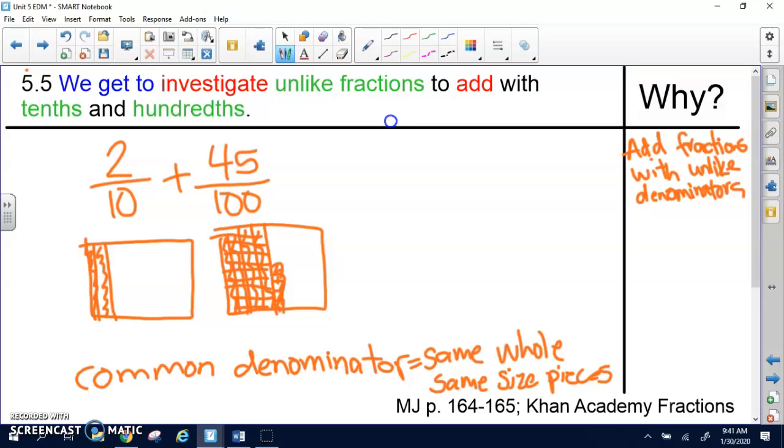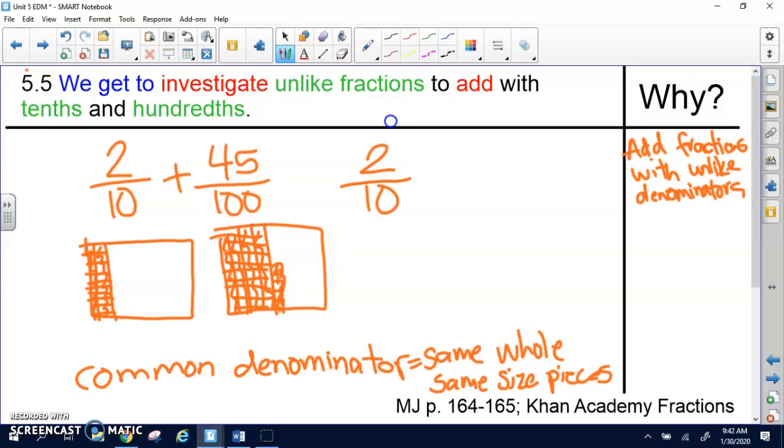The way we would do that is by multiplying to create a place value. We would turn this into hundredths. So instead of just 2/10, how many pieces did I have to divide those into?